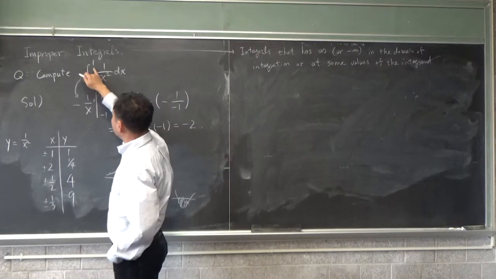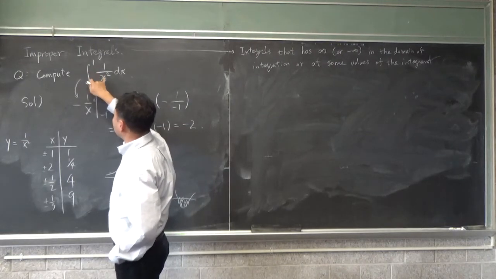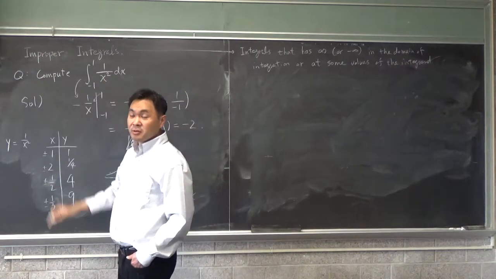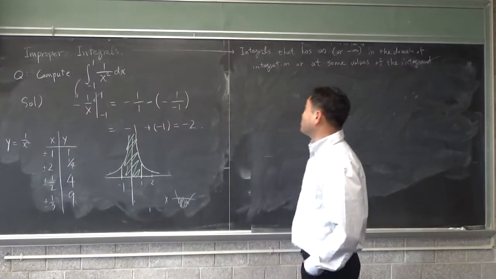So for example, when x goes to positive 0 or negative 0, this becomes infinity, right? So that's an improper integral.